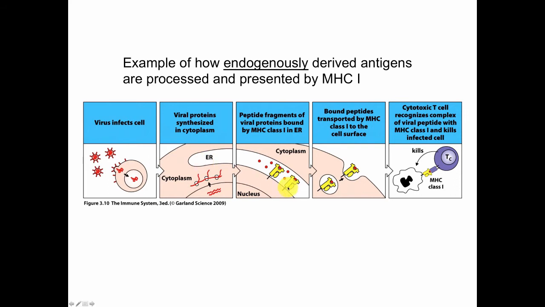Some of those new proteins can be degraded into peptides and presented by MHC class 1 on the cell surface. So you'd have an MHC class 1 molecule presenting a virally derived peptide. This is important because it allows a cytotoxic T lymphocyte with a receptor specific for that viral peptide presented by this MHC molecule to recognize that the cell is infected by the virus. If this cell has cytotoxic effector function, it can cause lysis and killing of that virally infected cell.